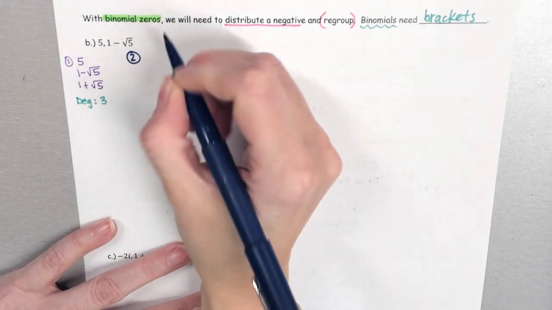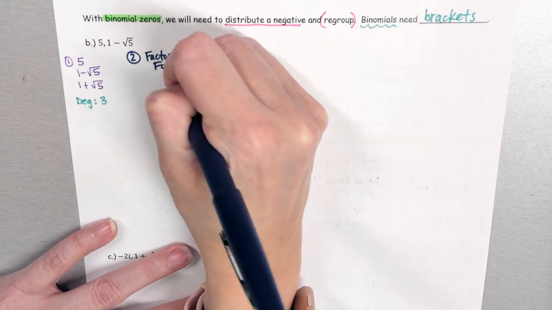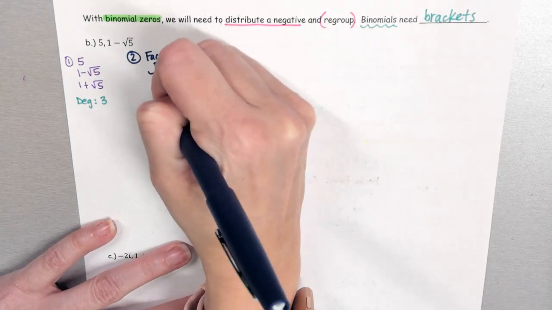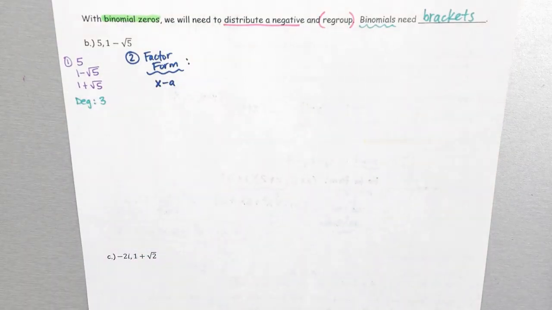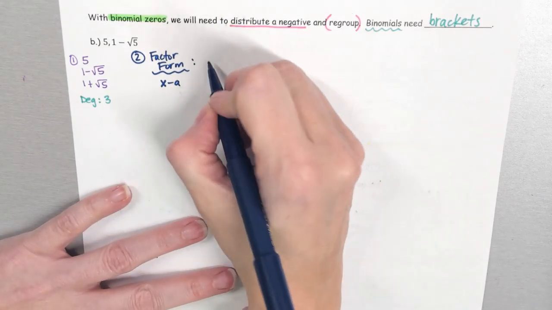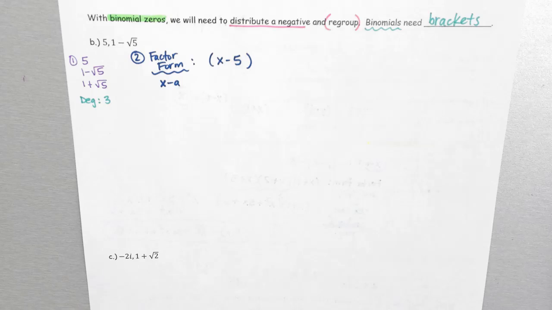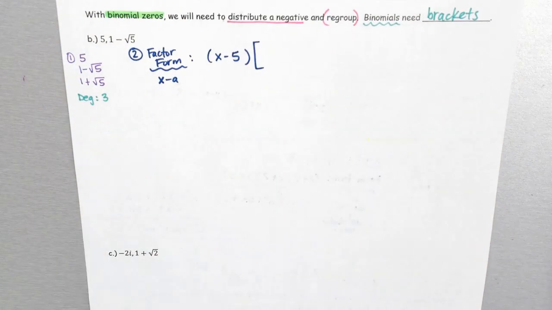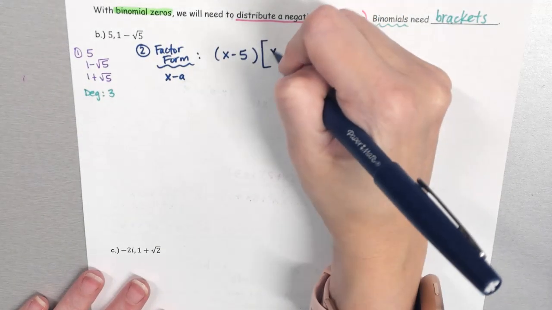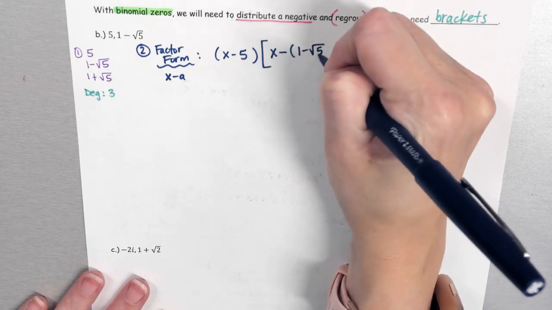Okay, so then in step 2, we're going to write this in factor form. Remember, factor form is based on x minus a, where a is your zero, okay? So if you have 5, it's just x minus 5. That's your factor form. And then for the binomials, we're going to put these inside brackets because you have x minus, and then the binomial has to go inside a parenthesis.